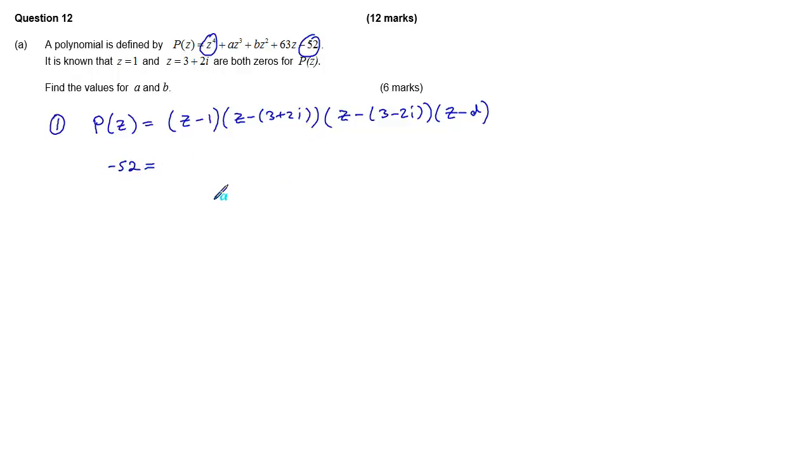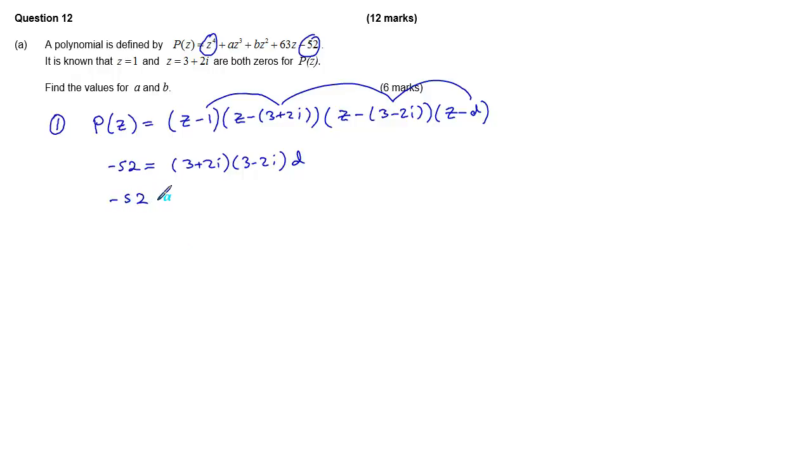So negative 52 must be equal to, so that's going to be the constant term, so this times this times this times this, negative, negative, negative, negative, so it's going to be positive, and then we're going to have 1 times 3 plus 2i, then 3 minus 2i, and then d.